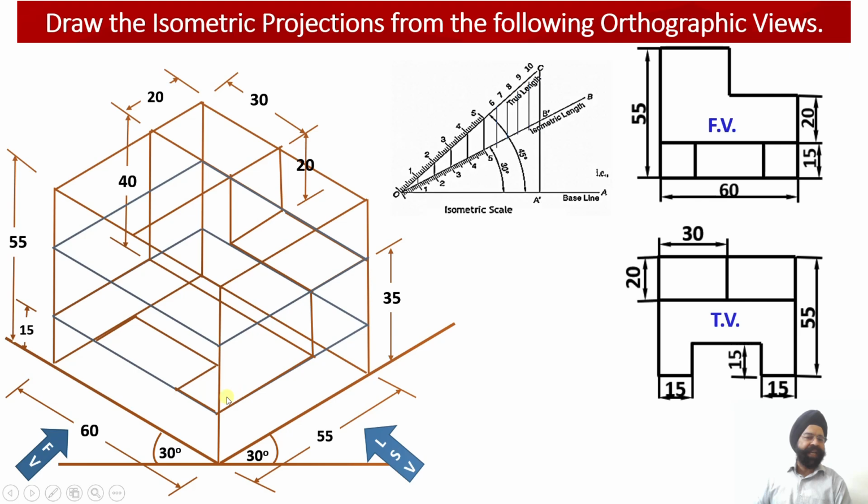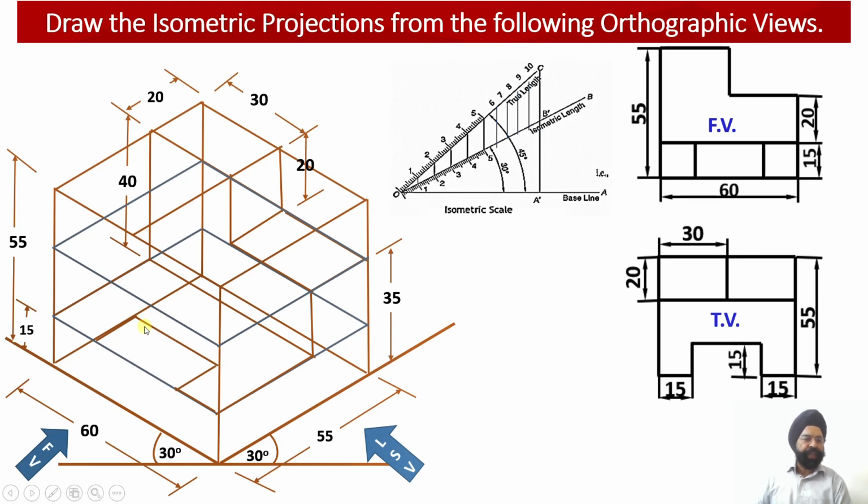So the depth of the slot has been marked parallel to this depth. So this is my z axis. So parallel to the z axis, another projection line has been drawn which will be measuring 15 millimeter, and then parallel to the x-axis, which represents the length of the solid. So this is the length of the solid, and this is my x-axis. So another isometric edge has been drawn, and this edge is going to measure 30 millimeter over here.